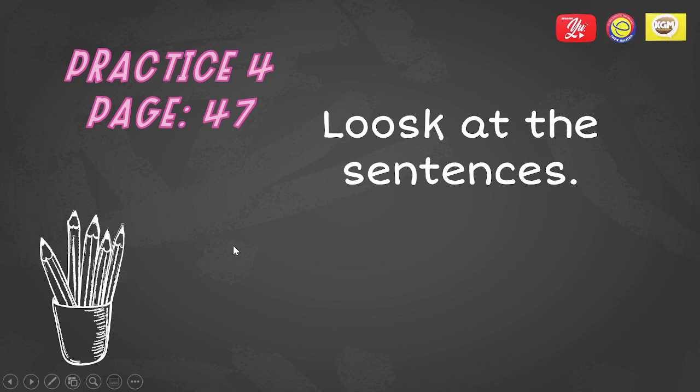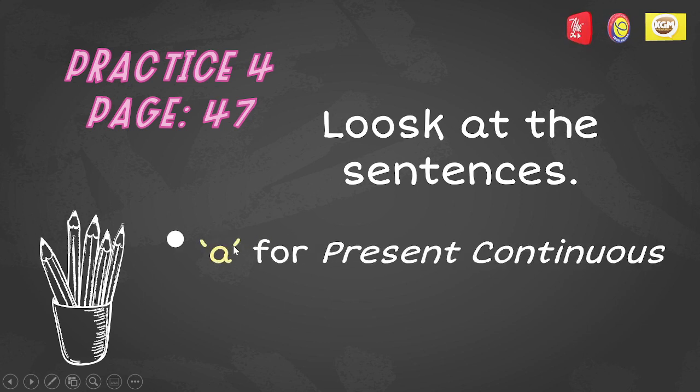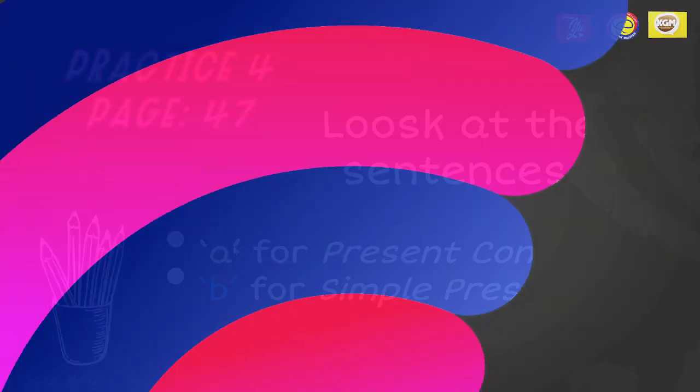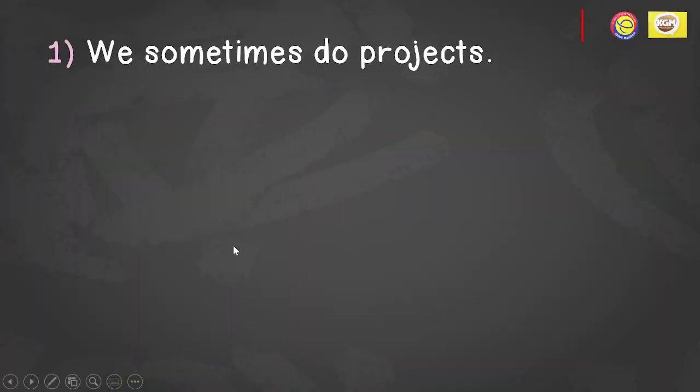There are 6 sentences altogether, and state A if the sentence is in the present continuous tense, or B if the sentence is in the simple present tense. Sentence number 1. We sometimes do projects. So is it A, present continuous, or B, simple present?